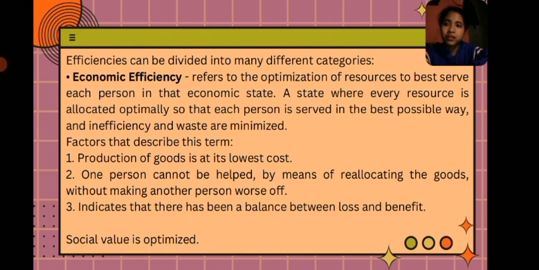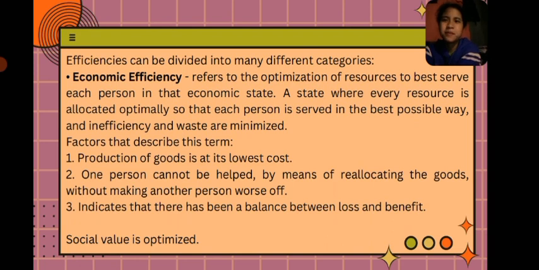Here are the factors that describe economic efficiency. First is that production of goods is at its lowest cost. Second, one person cannot be helped by means of reallocating the goods without making another person worse off. And third, indicating that there has been a balance between loss and benefit.